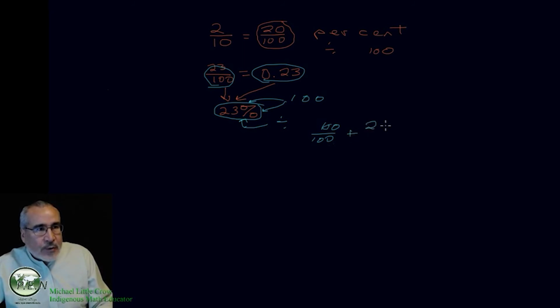We've got 23% more. That means we've got 123%. We've got what we started with, and we added to that. And we're going to see that that will give us a decimal of 1.23.